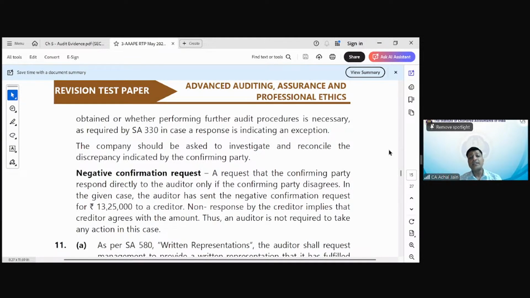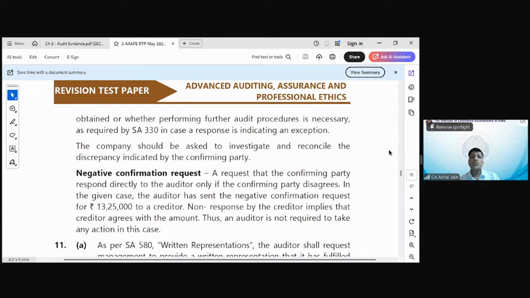As regards the other letter, which has been sent to the creditor, he is requesting the creditor to respond only if the creditor disagrees with the balance, which means the creditor is not required to respond if the balance is the one with which he agrees. Yes or no?